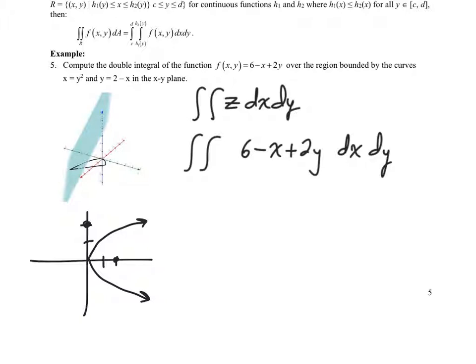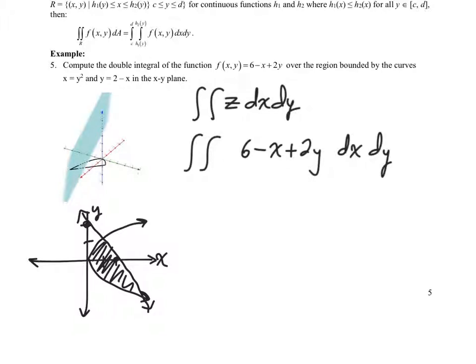Now, scale-wise, this is going to be pretty terrible, but it should look something generally like that. All right. So this is the base region that we're talking about if we were looking at an ordinary XY plane. So no z-axis. This is something that you might see in a pre-calc course.